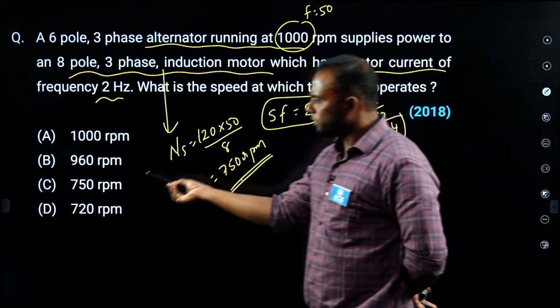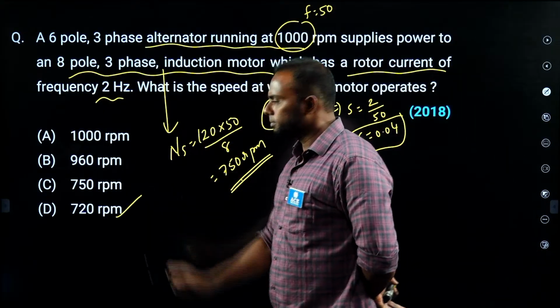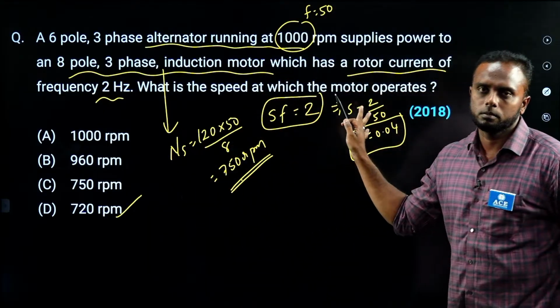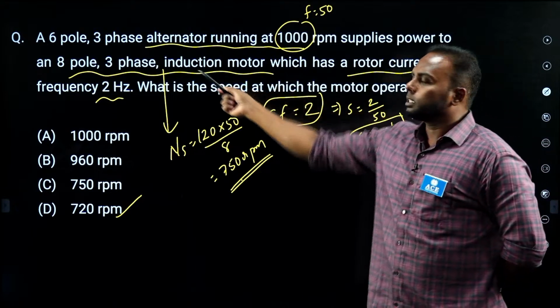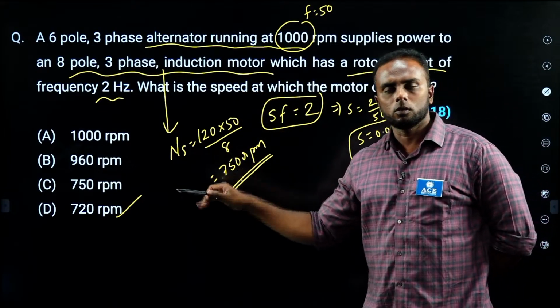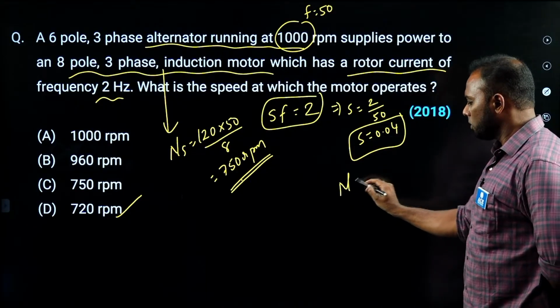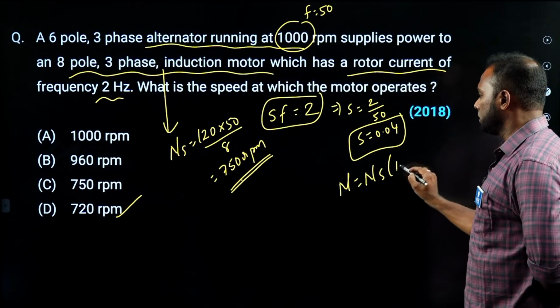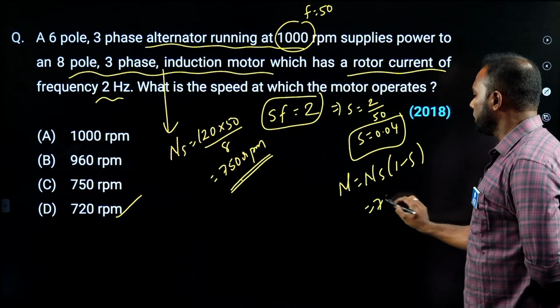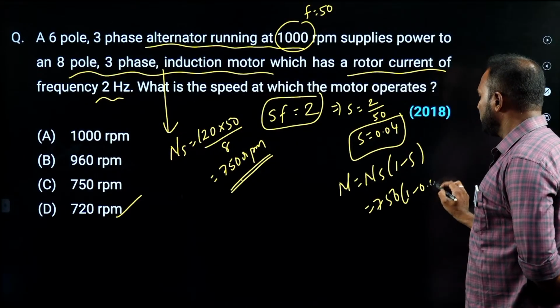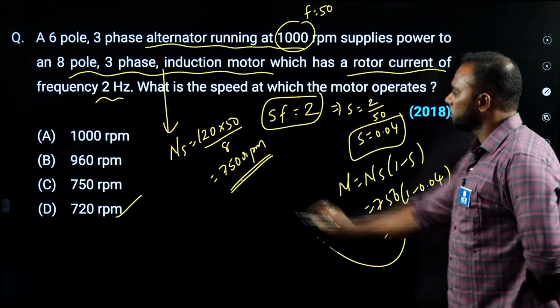So what is less than 750 here? Only one option is there, so no need for other data. If you understand that the induction motor rotates less than synchronous speed, it means 720. Or you can solve like this, N equal to Ns into 1 minus S. Ns is 750, 1 minus 0.04. Simplify this, you will get 720.